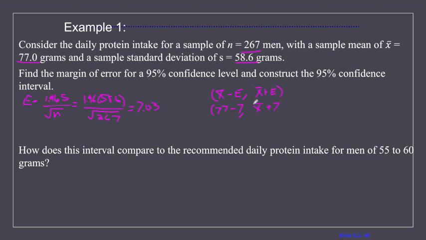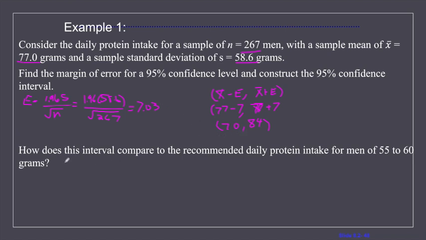So 77 plus 7. That gives me a confidence interval of 70 to 84. So I'm 95% confident that 95% of the sample means would fall within this range if I was to take these samples over and over and over.